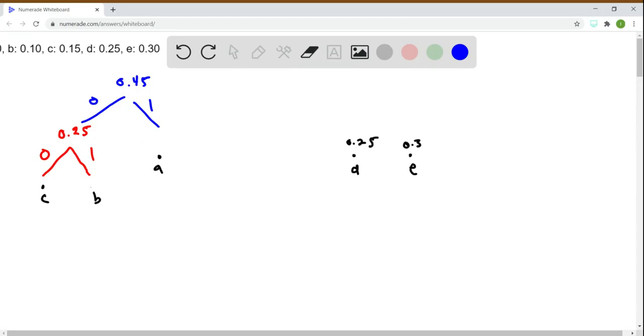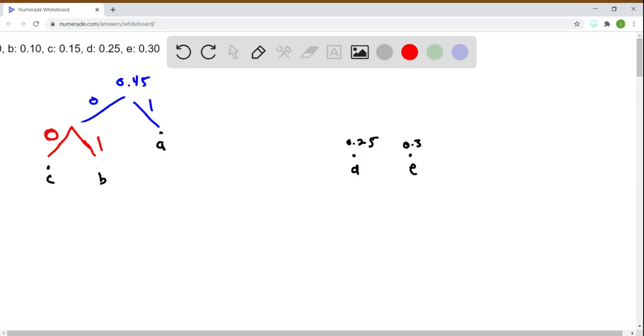So then let's erase these, and then we can scoot these up a little bit. Okay. Don't know where A went. All right. So we have that, and that's 1. Okay.